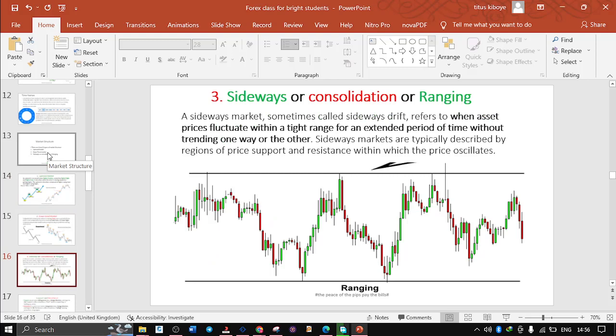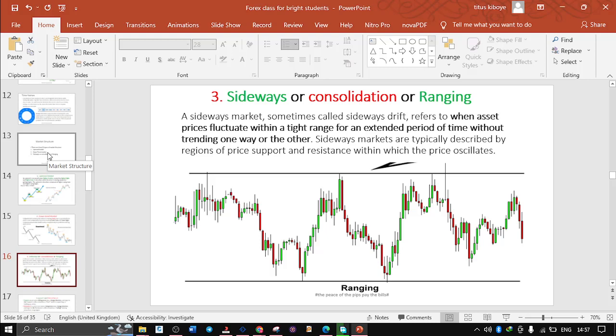Is it advisable to trade? It is not advisable to trade, let me say that. Don't trade. Maybe if you're desperate, you can say, let me enter, but you're going to lose money in that kind of market. So it's not advisable to trade during the consolidation, or ranging. Just stay away.